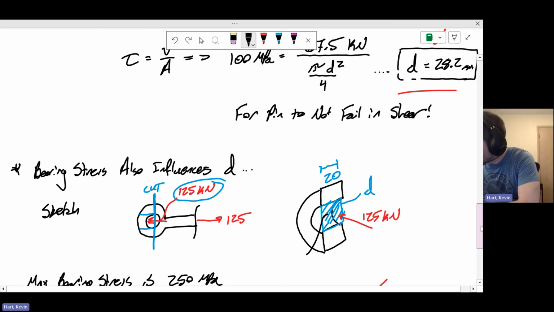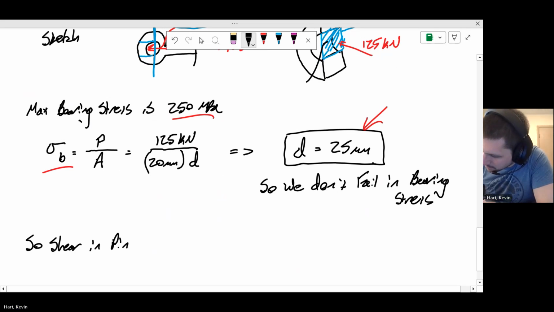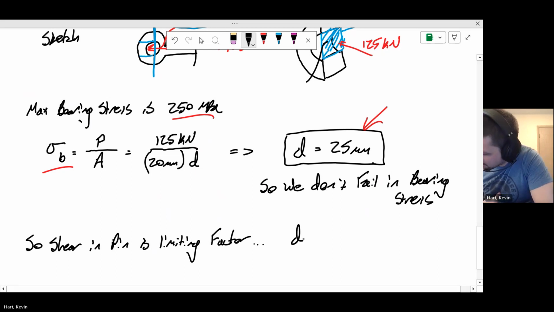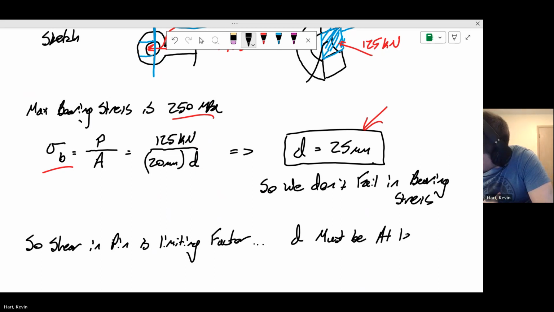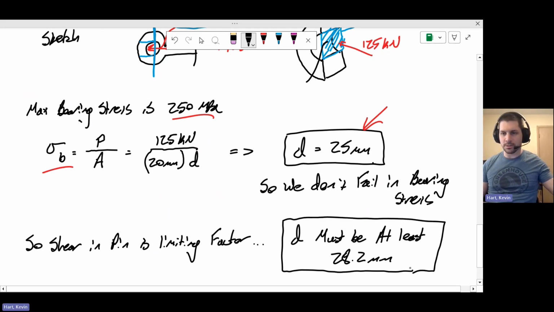So what that means is the shear in the pin is the limiting factor, since D must be at least 28.2 millimeters. So that's sort of your answer for that variable D. Cool?